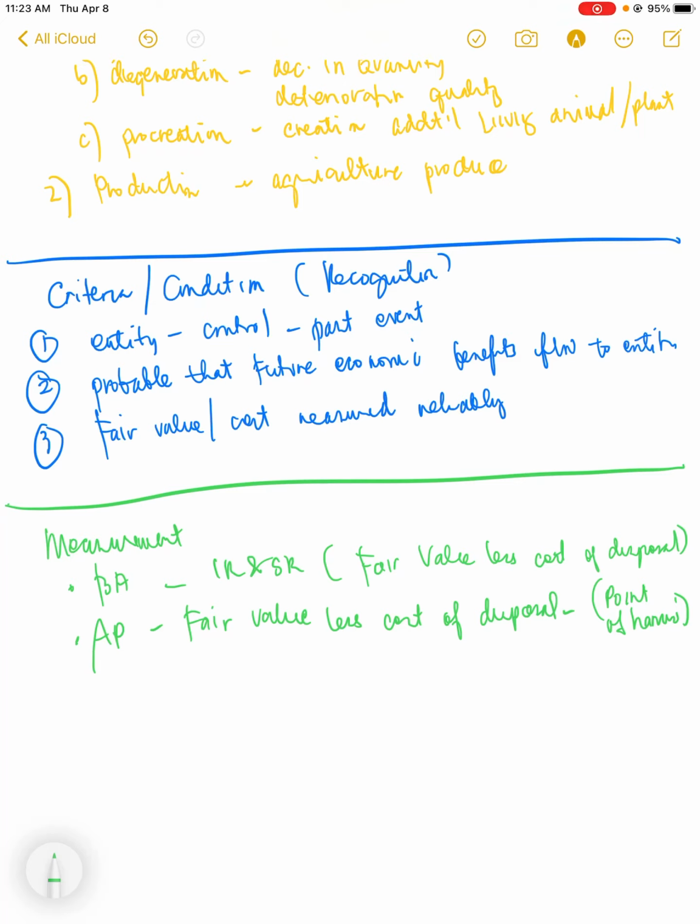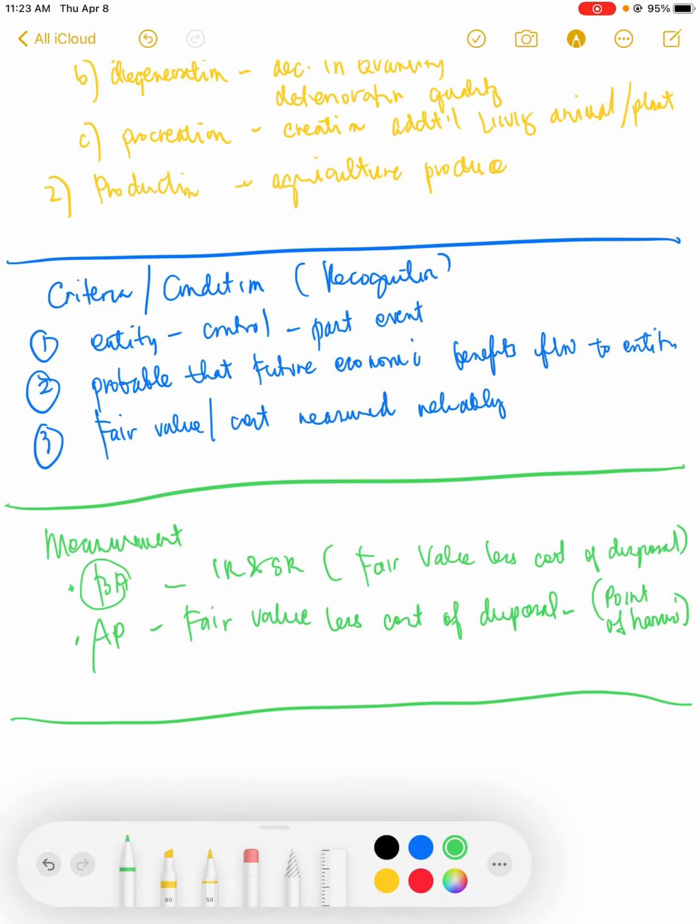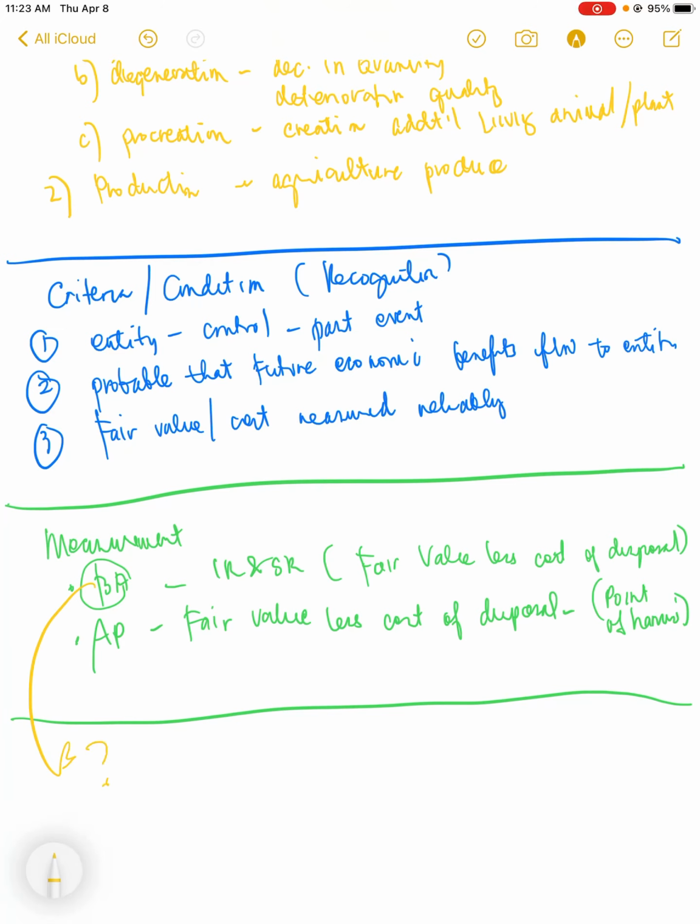Alright po. So now, what will happen if, sabi natin dito kasi, the biological assets upon the initial recognition must be recognized at fair value less cost of disposal or less cost to sell. Now, subsequent to the initial recognition, it will be recognized also at fair value less cost of disposal. Now, the question is, what if the fair value cannot be measured reliably?